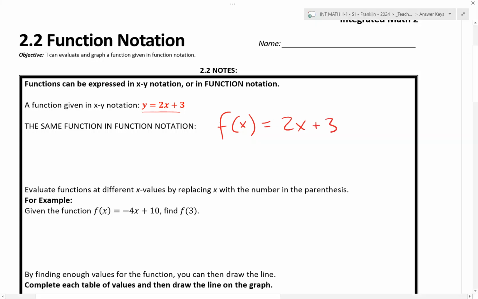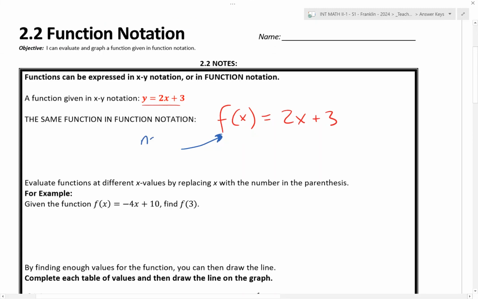Now what this does is it sets up a few pieces of information. The letter f, and it could be G or H or really any letter could be used here, this is the name of the function. So the f function or the G function or the H function, whatever letter is here, this is the name of the function.